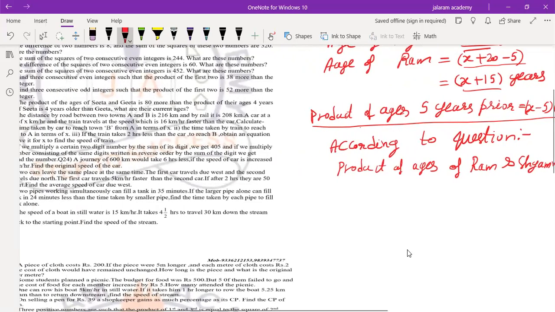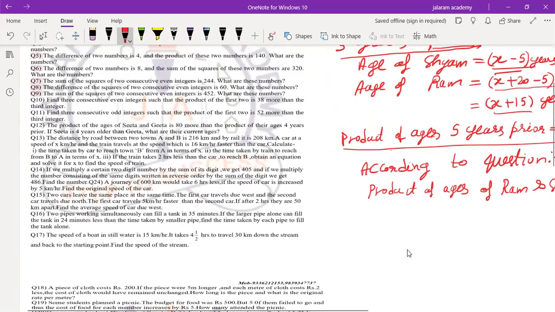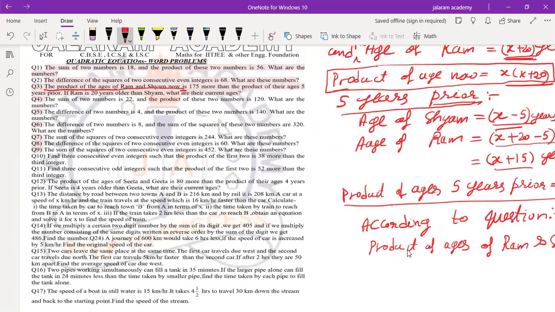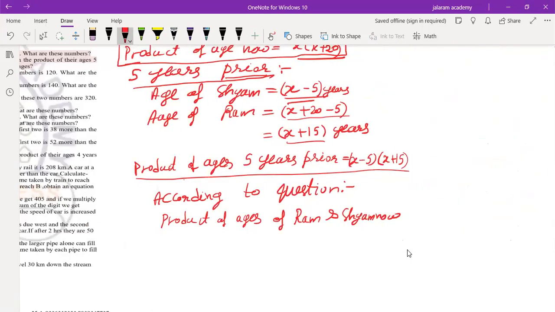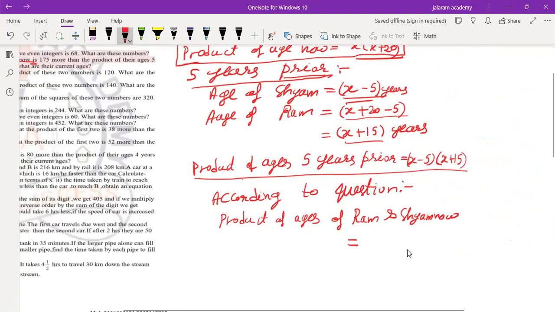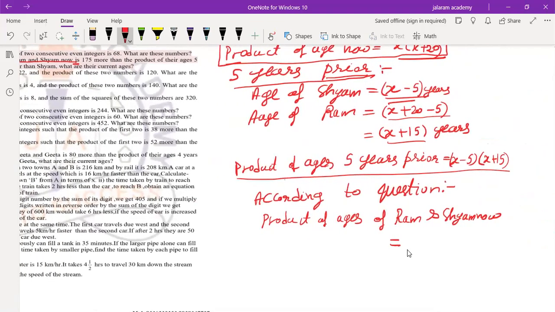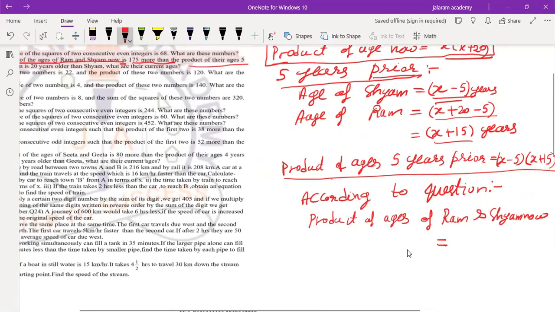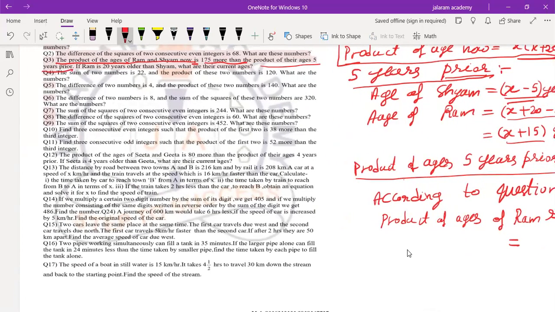Then it is written "is", and is means equals to 175 more than the product of their ages 5 years prior.